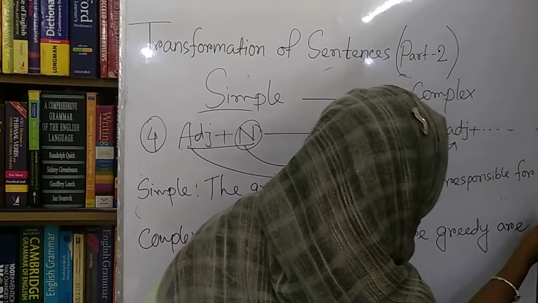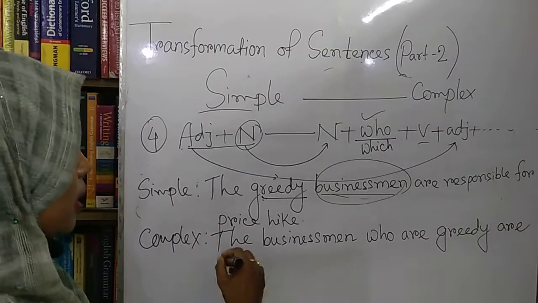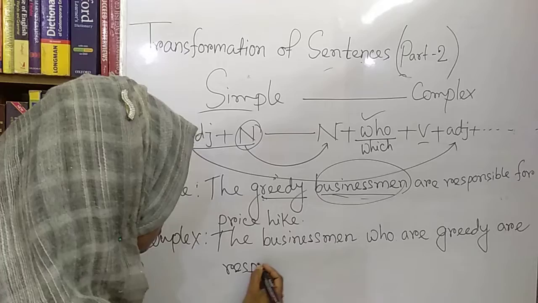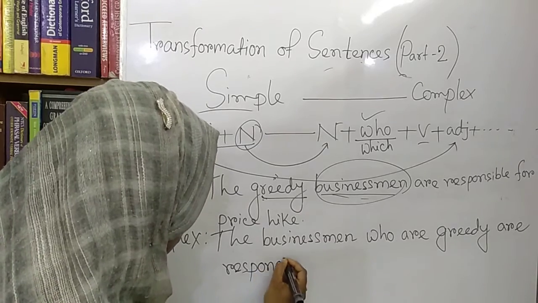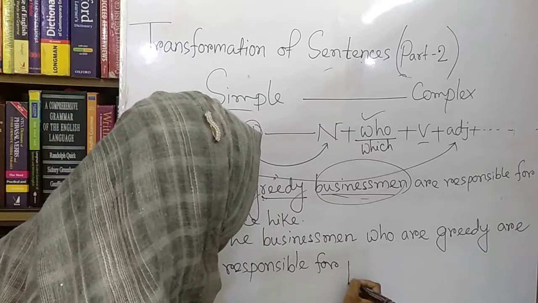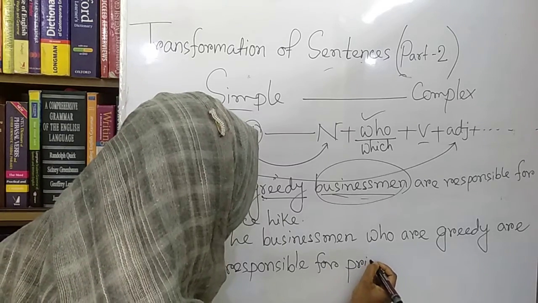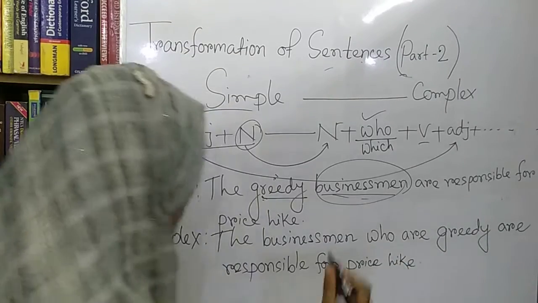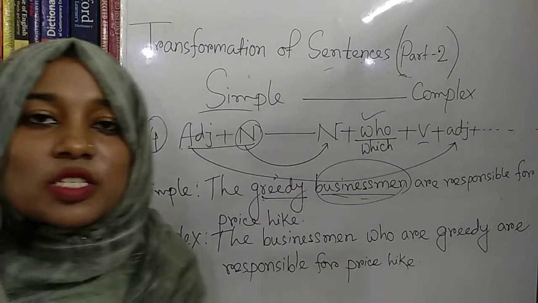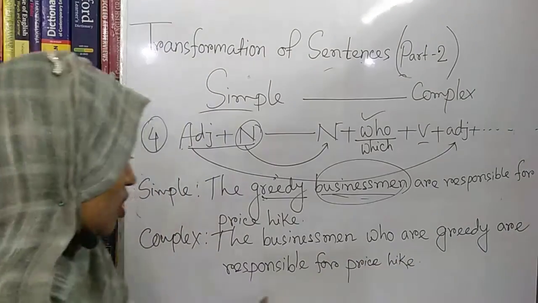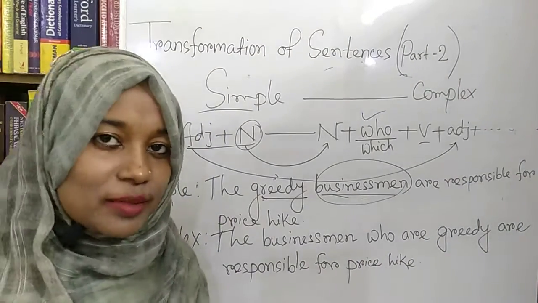The remaining part of the sentence: are responsible for price hike. The businessmen who are greedy are responsible for price hike.